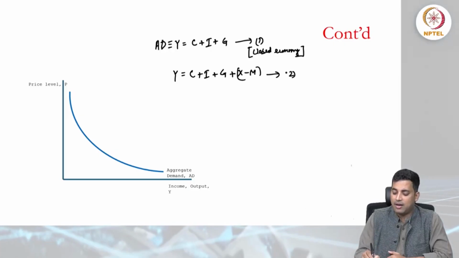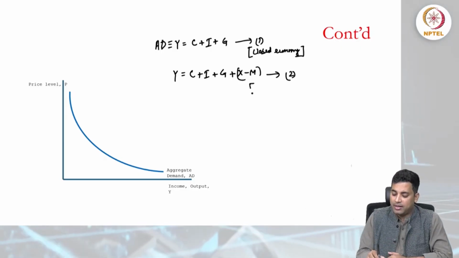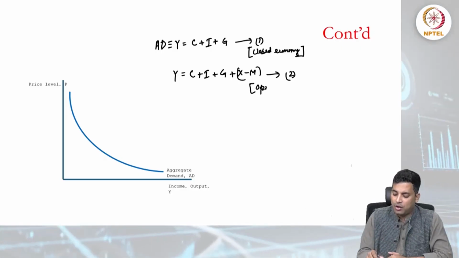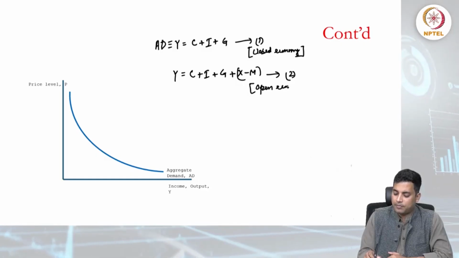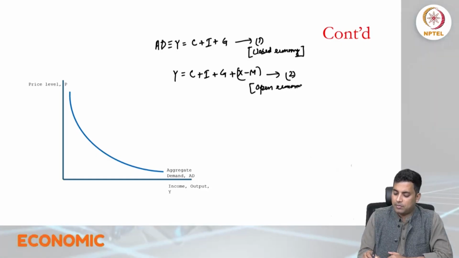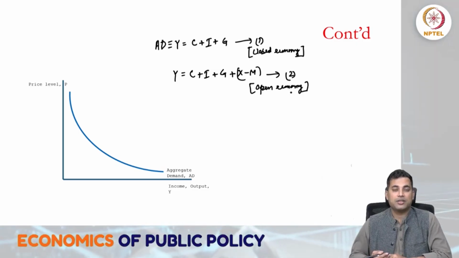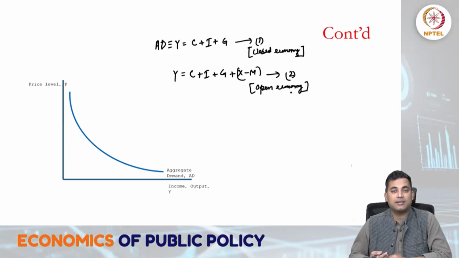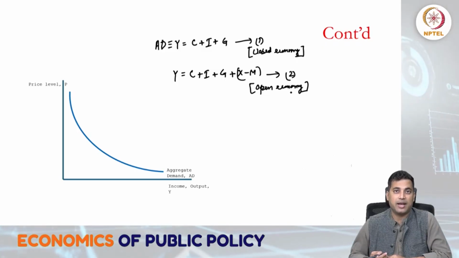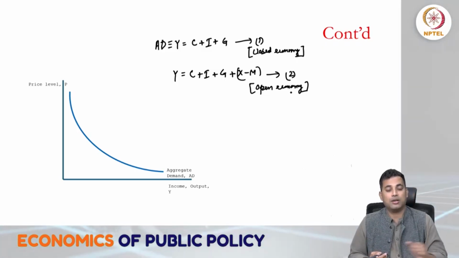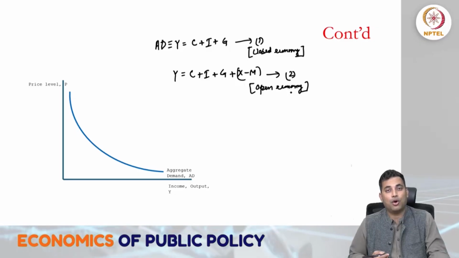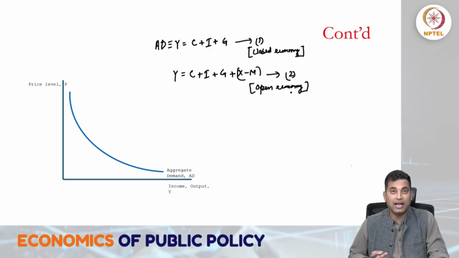We can call this equation 2, for the open economy. So the aggregate demand function is downward sloping, and it represents the relationship between the aggregate price level and total aggregate output, or national income.